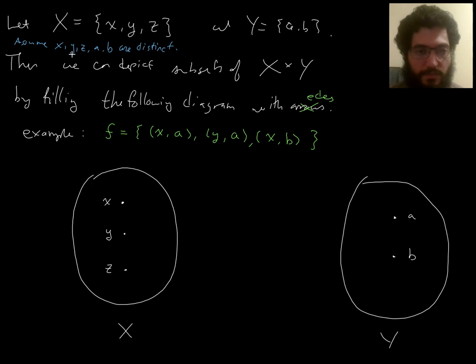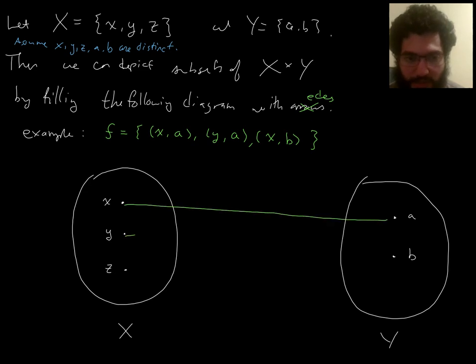Okay, so assume x, y, z, a, and b are distinct. So things that are represented by different letters of the alphabet really are different here. Okay, so f contains 3 out of the possibly 6 pairs that it could contain. Those 6 pairs that it could contain are represented by the 6 possible edges that you could draw, right?